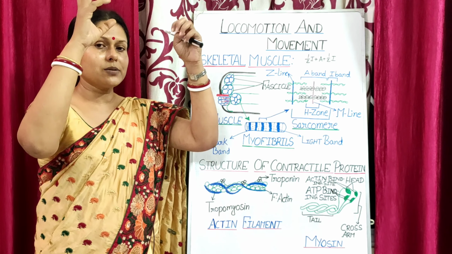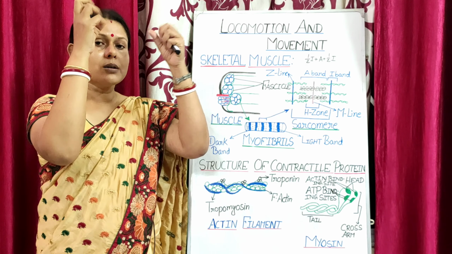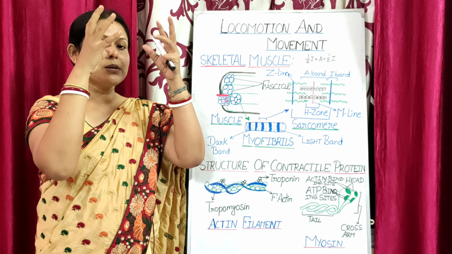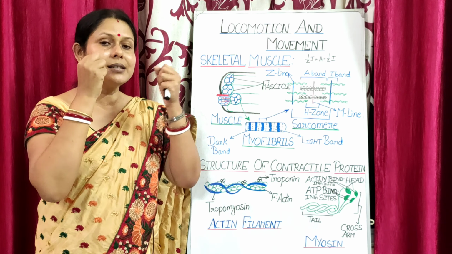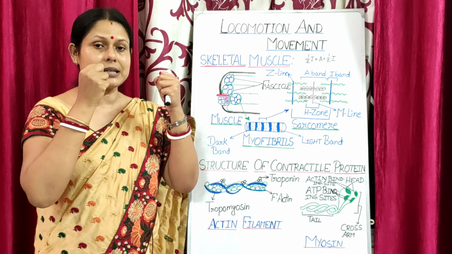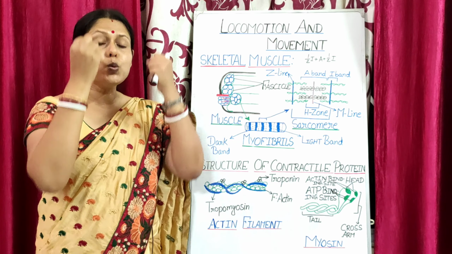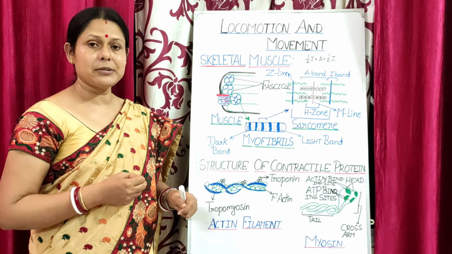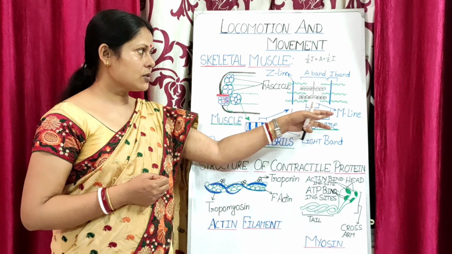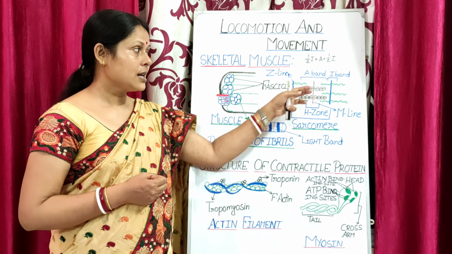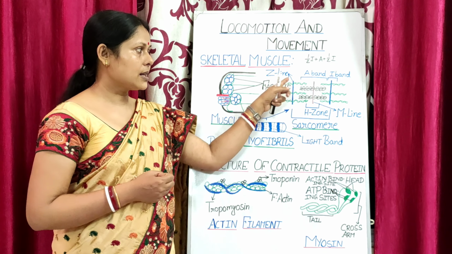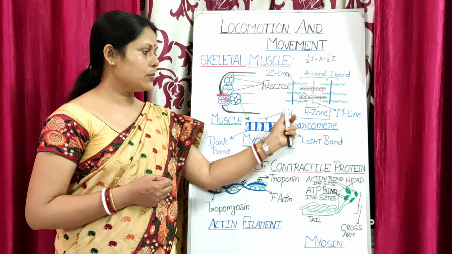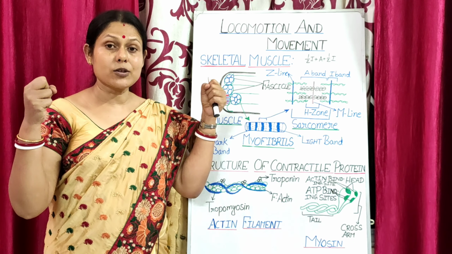So once it binds, it will contract the muscle. It will slide the actin filament towards itself. The myosin filament will pull the actin filaments towards itself. As a result, the Z lines, that is, these two lines which are the two endpoints of a sarcomere, will contract.